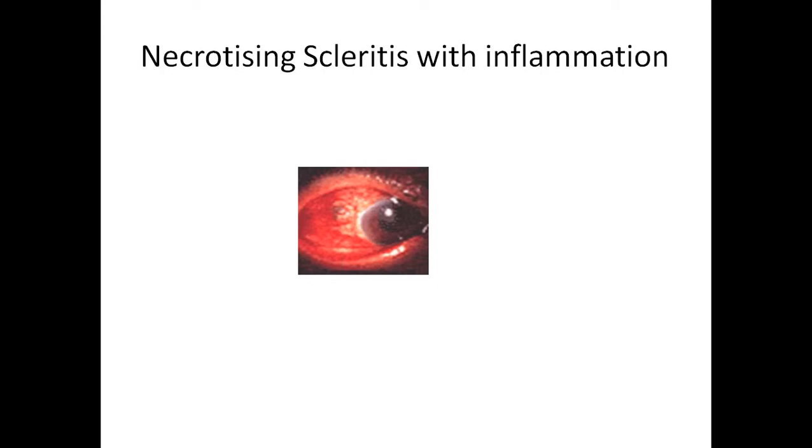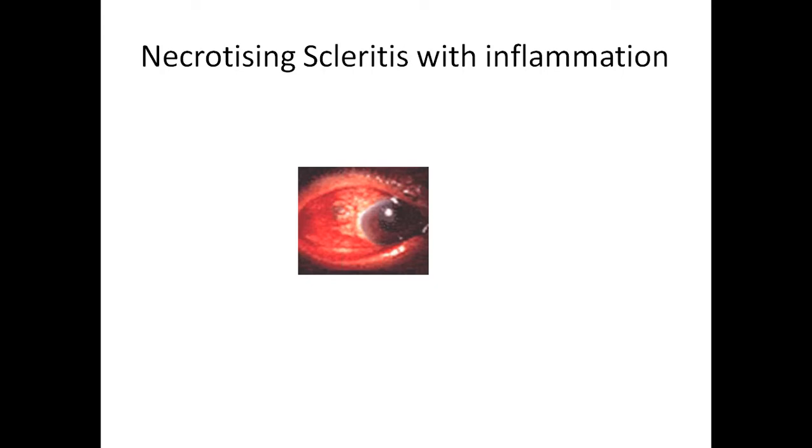And further, you are seeing white dots or keratic precipitates on the posterior surface of the cornea, which tells that the patient is also having anterior uveitis. So scleritis is always associated with keratitis and anterior uveitis.